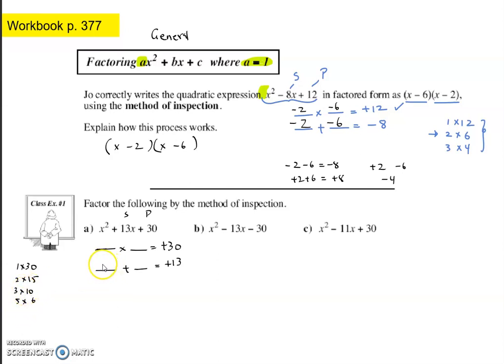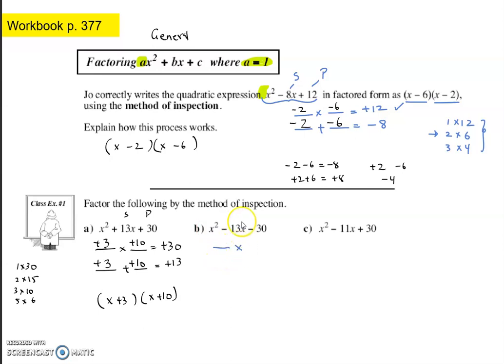If I go 3 and 10, both positive, they multiply to become 30 as well. So I'm going to write this as x plus 3 and x plus 10. You can stop this video and try the rest of these questions and check your answers, or you can keep watching to see how the rest of them are done.